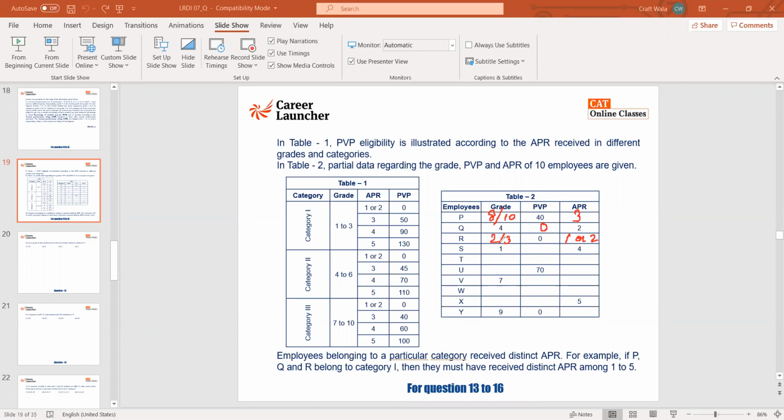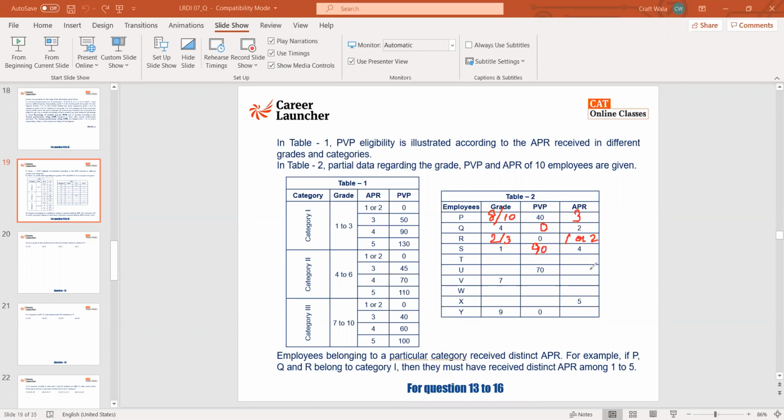Next, somebody with grade 1 and APR 4. Grade 1, APR 4, his PVP should be 90%. That means I can say this is for sure 90%. Next, T nothing is given. U, 70 PVP. Where do you get 70? 70 PVP comes only if your APR is 4.